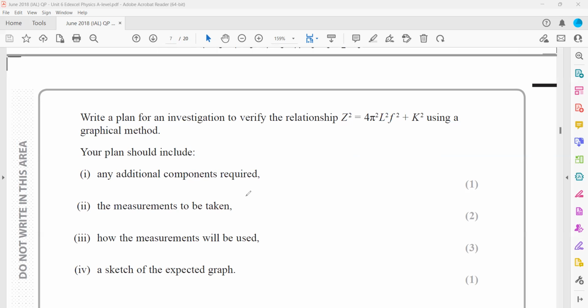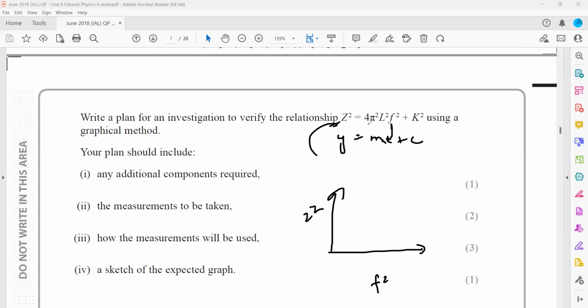Then sketch the expected graph. When we compare with y = mx + c, on the y-axis we have Z², and on the x-axis we have f². The gradient is 4π²L², so these are all constants. And there will be a positive y-intercept because K² represents the y-intercept. The straight line is not starting from the origin because there is a y-intercept.